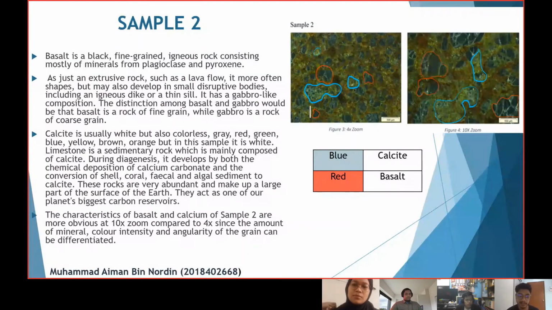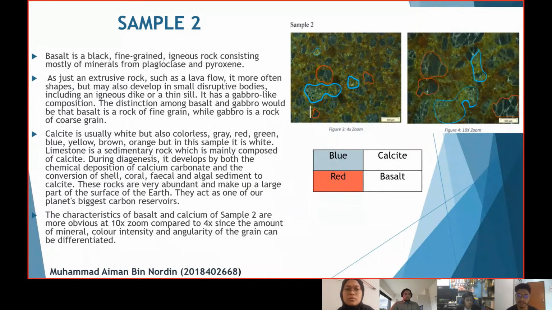Limestone is a sedimentary rock mainly composed of calcite. During diagenesis, it develops by both the chemical deposition of calcium carbonate and the conversion of shell, coral, fecal, and algal sediment to calcite. These rocks are very abundant and make up a large part of the surface of the Earth.